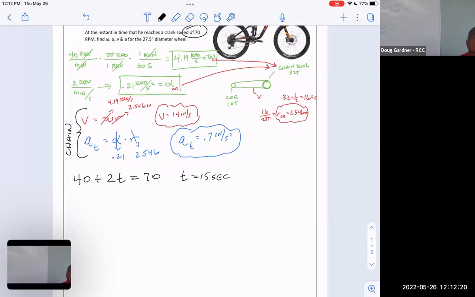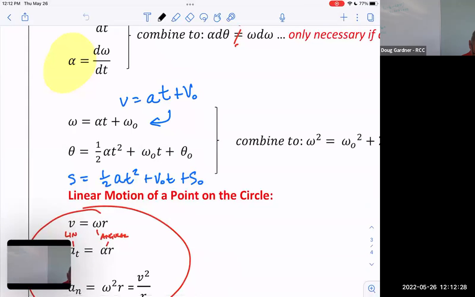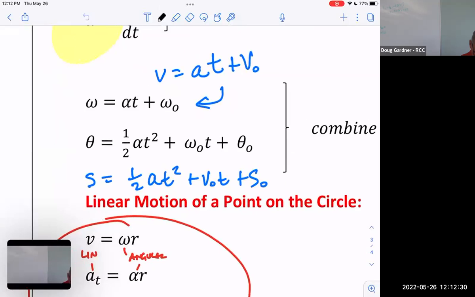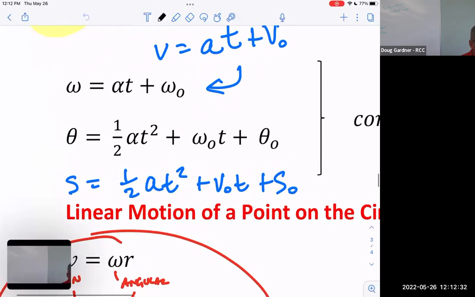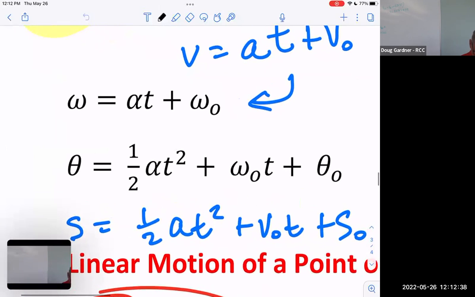Well, take a look at the formulas we have to work with. I'm looking at these two formulas now. This says if you have an initial angular speed and you have an acceleration and a time, then you can find out your angular speed later.